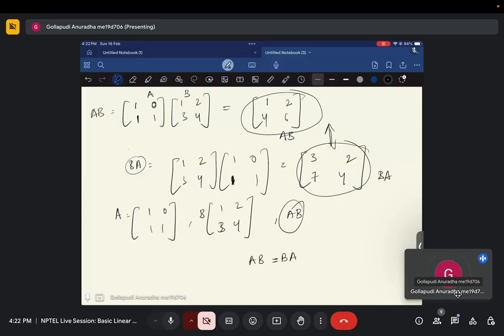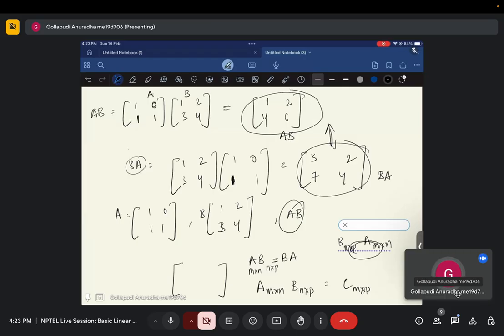So for example, if you have matrices of different sizes, suppose A is an M by N matrix and B is an N by P matrix, then the product you are going to get, C, is an M by P matrix. But if you are multiplying in reverse, N by P times M by N, first of all these two are not the same.